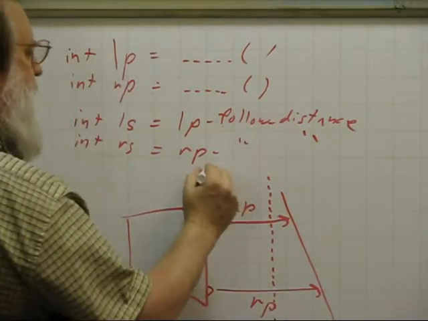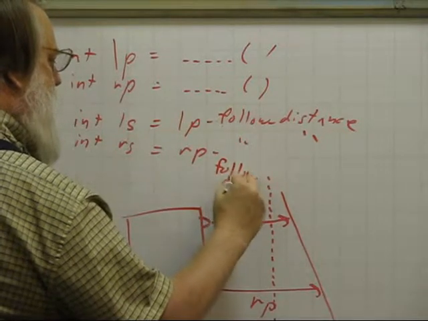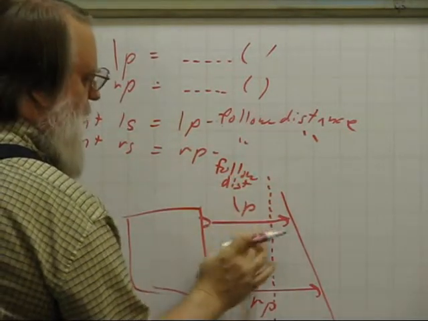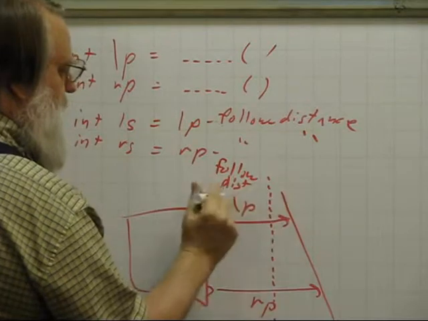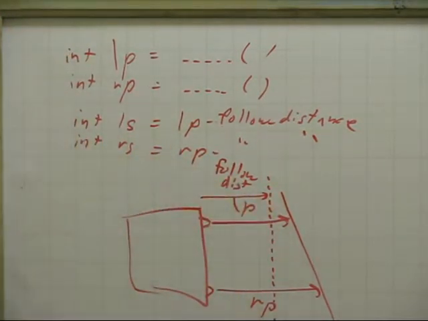Now, this is follow distance. Okay. Left ping is greater than that. So when we subtract it, we'll get a positive number. Okay. We know about negative numbers, right? Okay. Just wanted to make sure. They teach negative numbers earlier in school, which is a good thing.